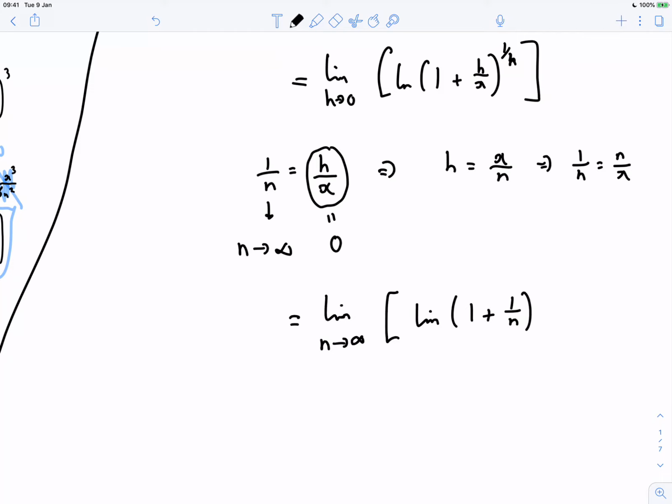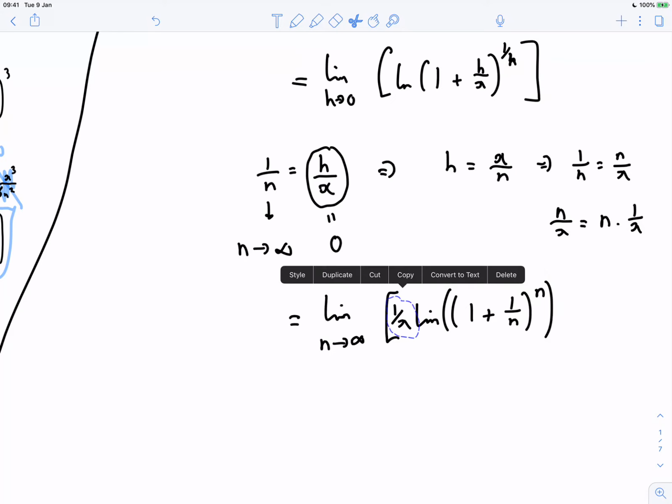Well, n over x is the same as n times 1 over x. So I can write this to the power n, and then this is all to the power of 1 over x, and then using our log rules of powers, I'm going to take this out to the front over here, like that. And now it's all falling into place.